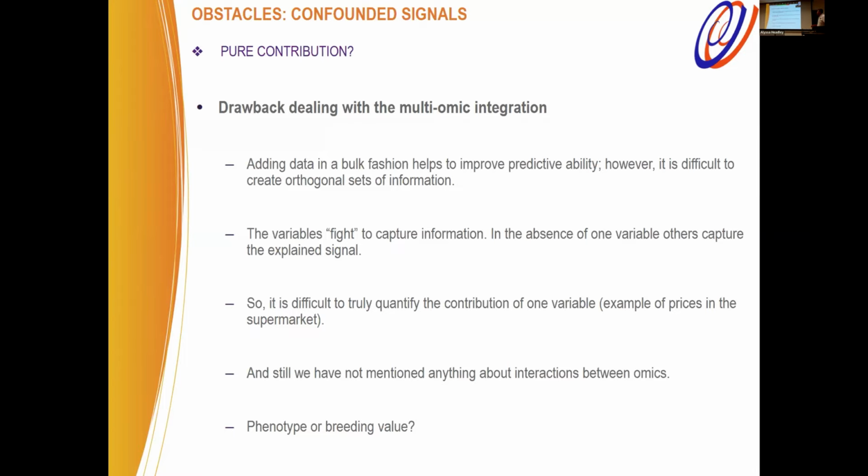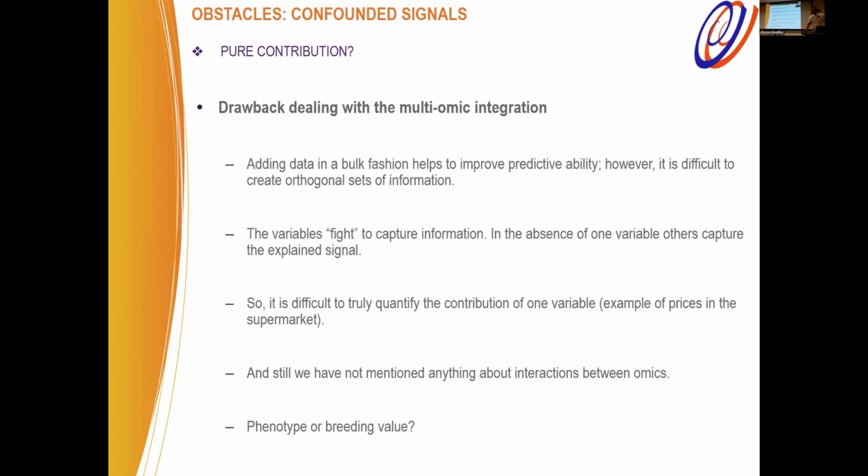So they start fighting. So again, the problem there is to create this orthogonal set of information, where the genetics is going to explain some specific information, but it's not going to overlap with other layers, right? In the absence of genetics, the other layer is going to start explaining that missing parameter.